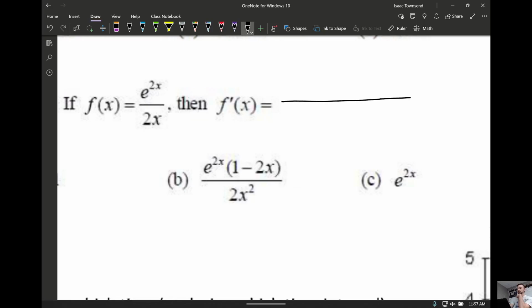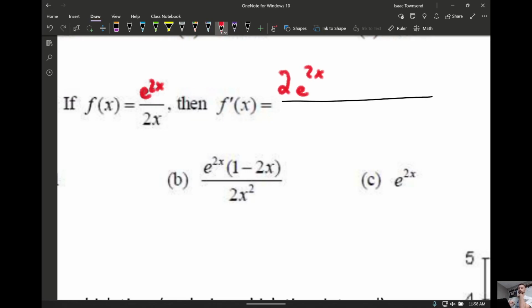So quotient rule says take the derivative of the numerator. What do you think the derivative of the numerator is? E to the 2x. Oh, then just times 2x. Times, not 2x. Chain rule, what's the derivative of 2x?